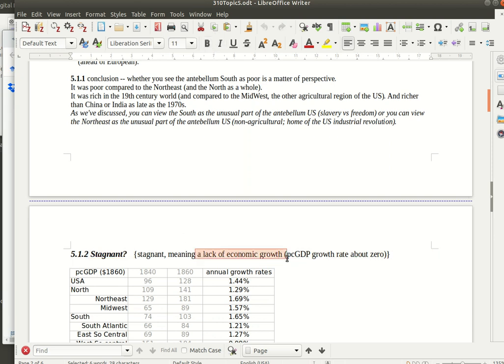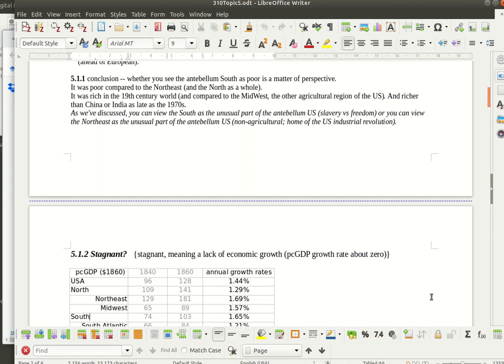The colonial economy had almost none, maybe a tiny bit of economic growth, certainly not the 1% or more growth of per capita output that we associate with modern economic growth. So, the key point for whether the South was stagnant is, of course, to look to the data and say, there's the South.